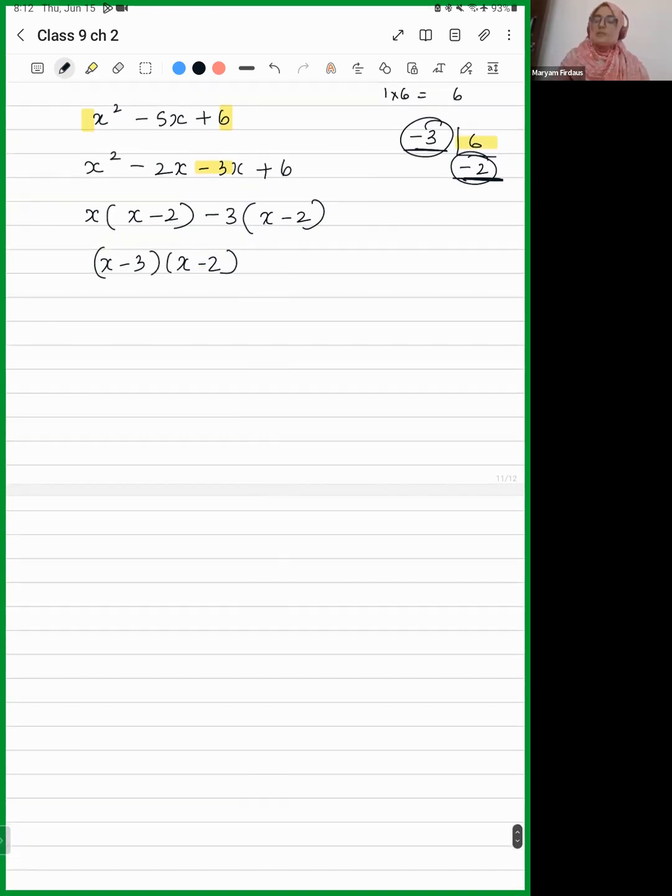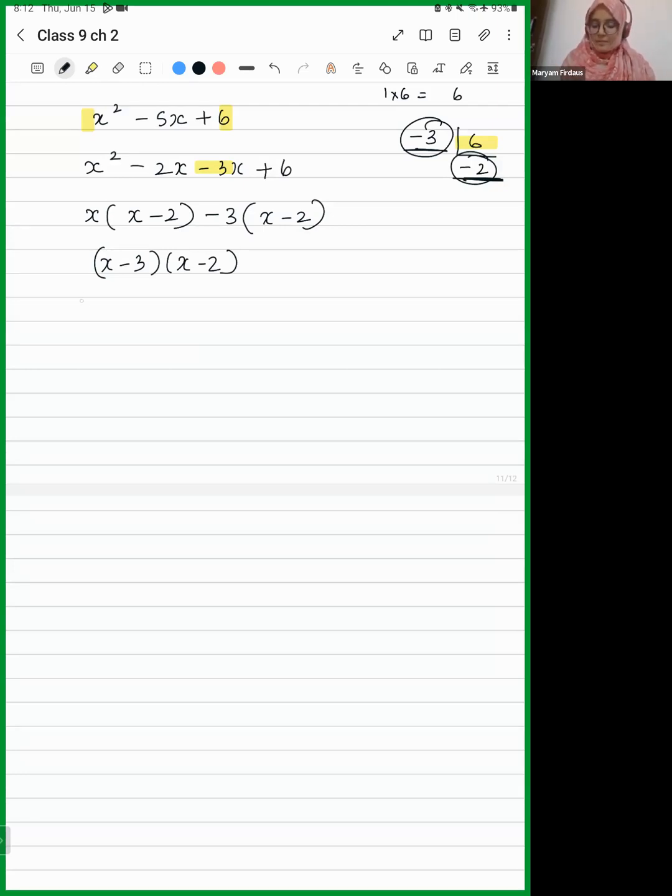Now the problem is, this method is quite easy. But if you have bigger polynomials, or let's say a cubic polynomial, then you won't be able to factorize it using the middle term because there is no middle term.